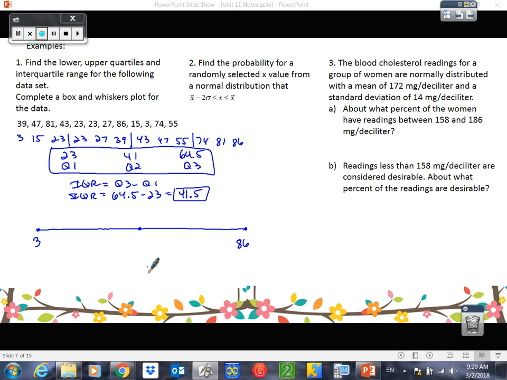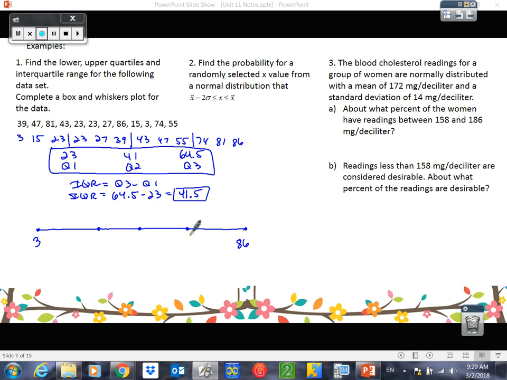Then Q1 is 23, which kind of is in the middle between 3 and 41. So it'll be kind of in the middle. And then Q3 is 64.5, which is kind of in the middle between 41 and 86. This just works out symmetrically. It doesn't always.